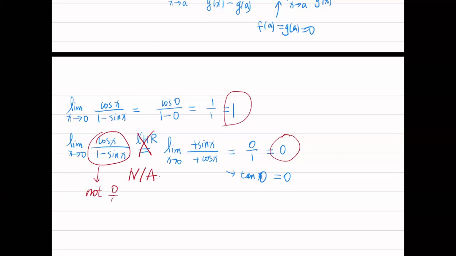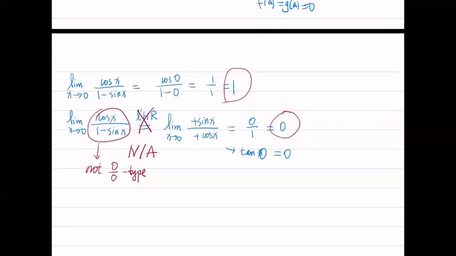If we find the limit of the numerator, we get 1. Limit of the denominator, we get 1. It's not our type, so we cannot apply the theorem.